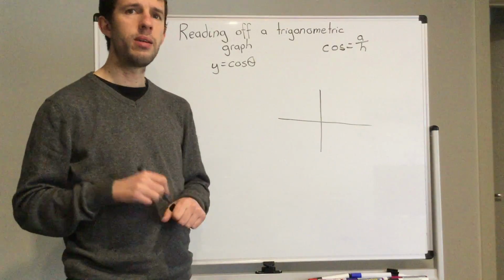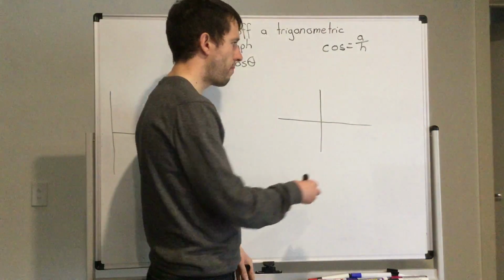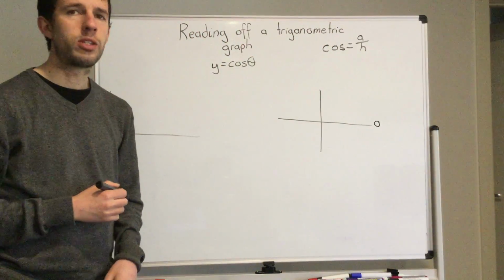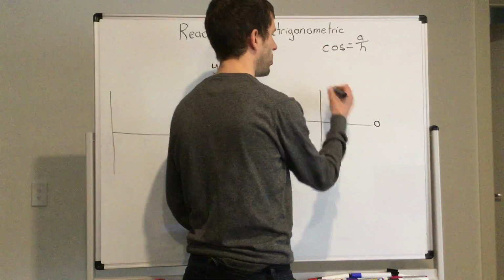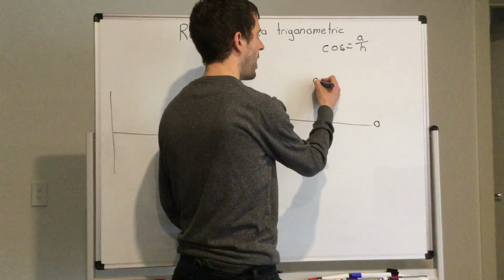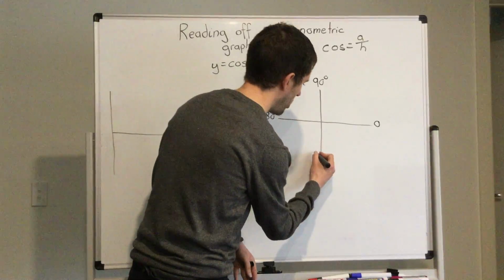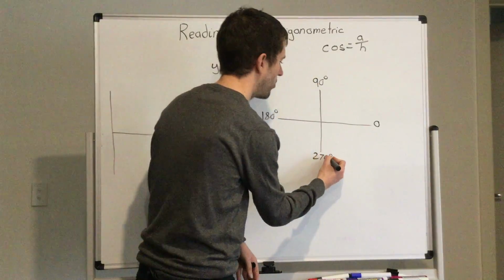Now, to get started, I would like you to think about our circle, and that is 360 degrees. So the first thing I'm going to be doing is going 0, 90 degrees, 180 degrees, 270 degrees.